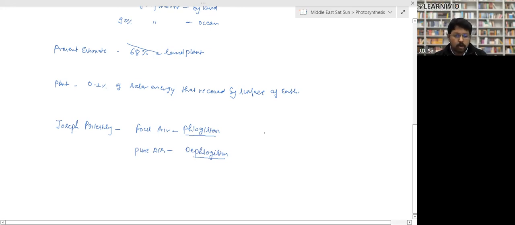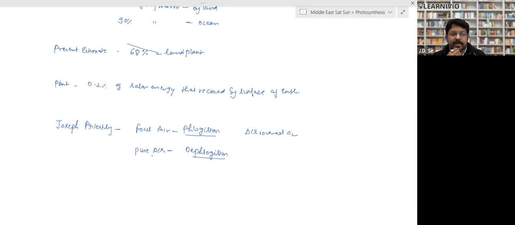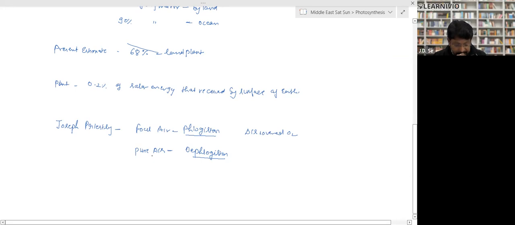Priestley also discovered oxygen. Now, who told that this phlogiston is carbon dioxide and dephlogiston is oxygen? The person who told it was Lavoisier, the father of chemistry. So, start.